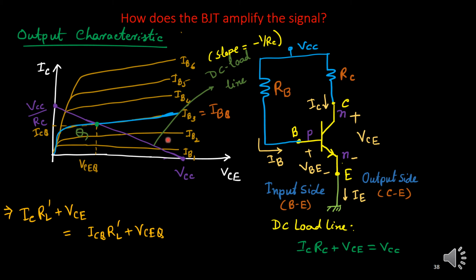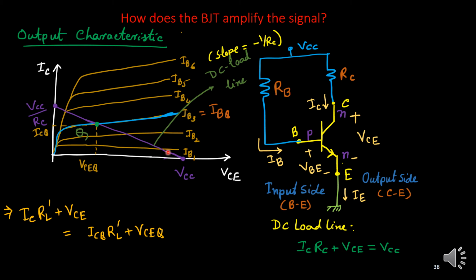What is the slope of this line? It is minus 1 upon RC, because I can write IC equals minus VCE by RC plus VCC by RC. Comparing with y equals mx plus c, m is minus 1 upon RC.